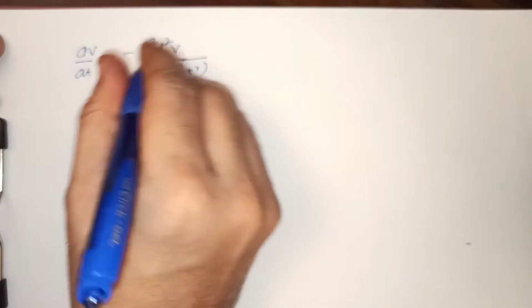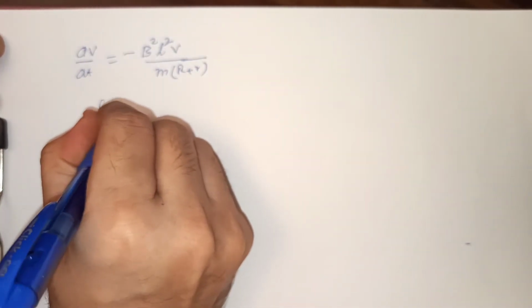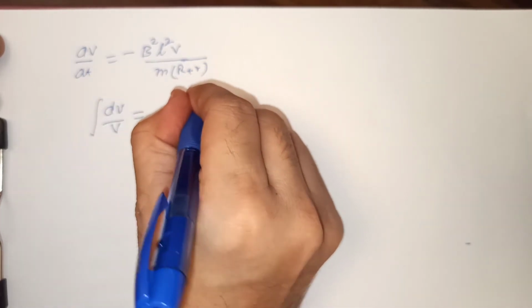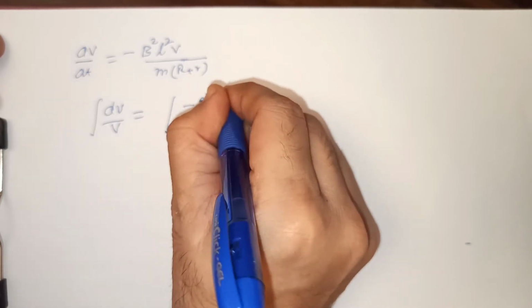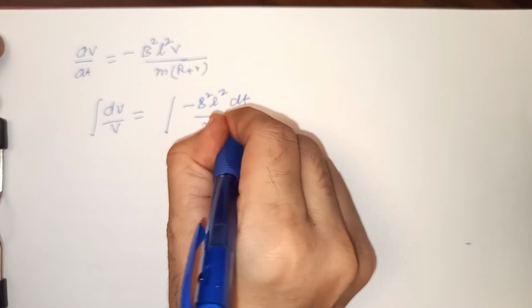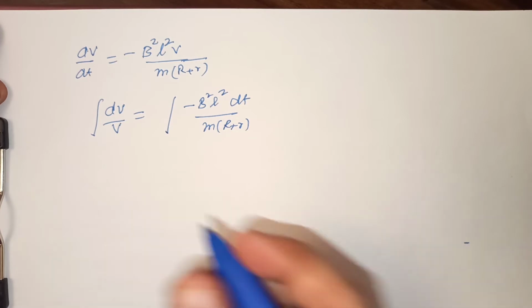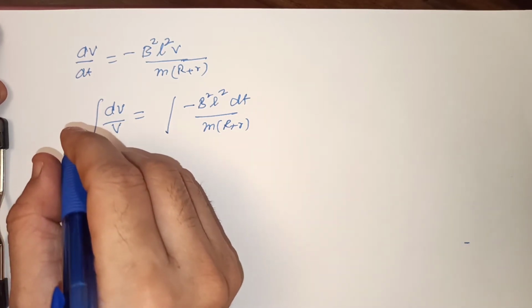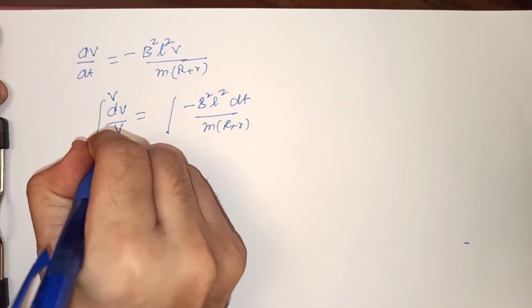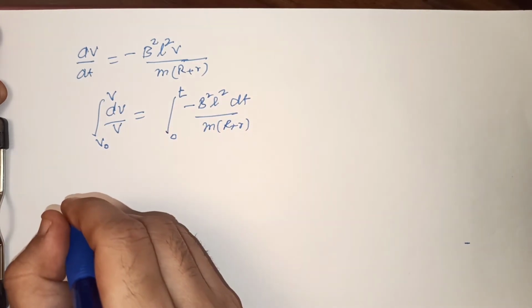Further, I can write it like this. I can move it there, and this becomes dv by V is equal to minus B square L square dt by M into R plus r. Now the velocity goes from v naught to v, it will get reduced, and time is from 0 to t.